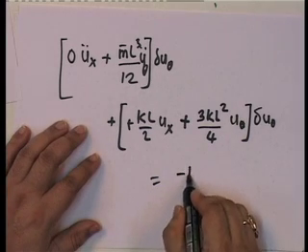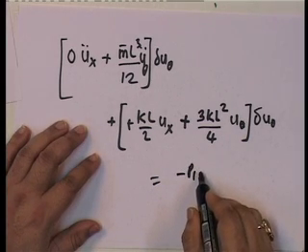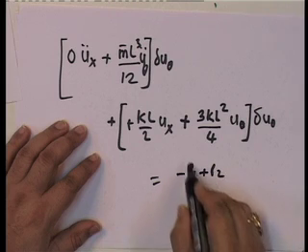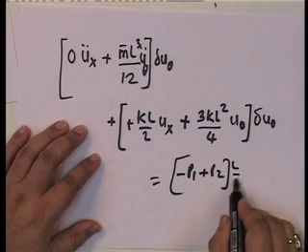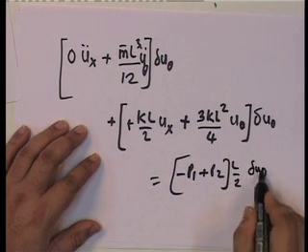So, it becomes minus P1 plus P2 into L by 2 into delta u theta.